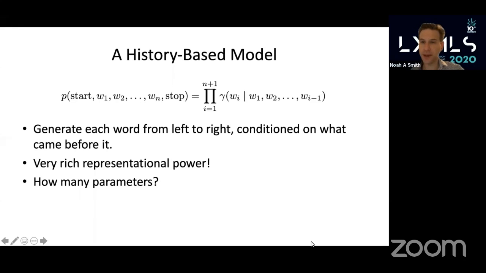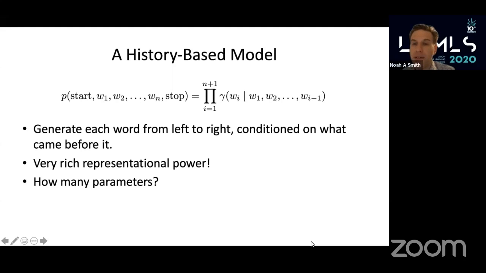How many parameters does it have? This is a kind of complicated question. One way to think about the number of parameters in this kind of die-based model is that you have one probability value associated with every word plus the stop symbol on each die. So size of sigma times the number of dice is going to give you the total number of parameters you need. But this is a little bit of a trick question.